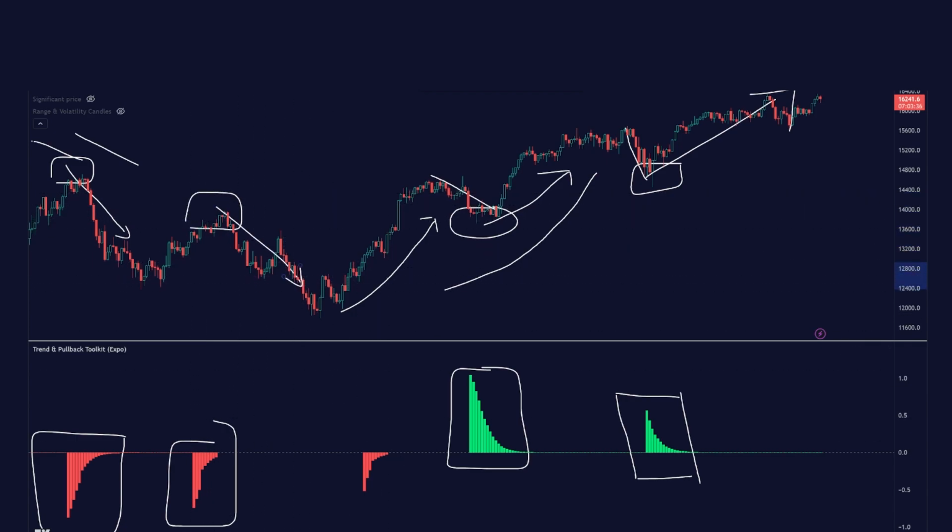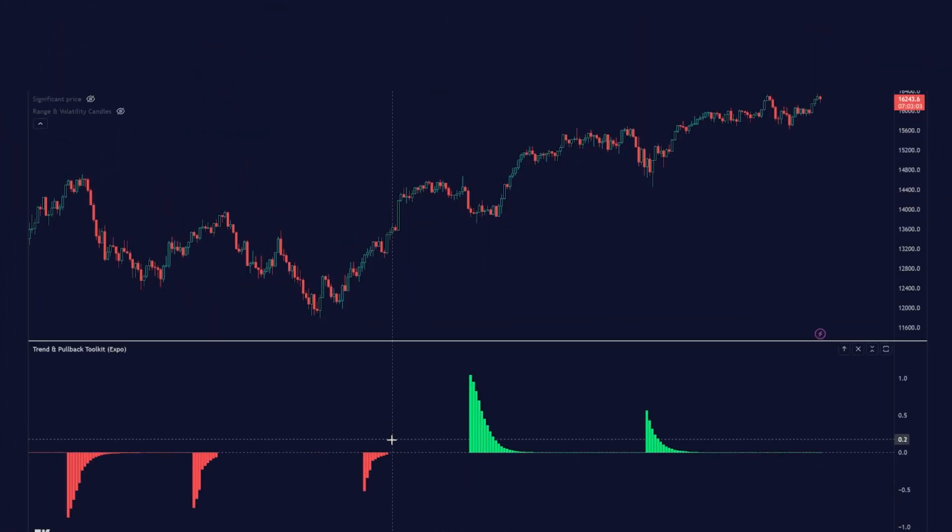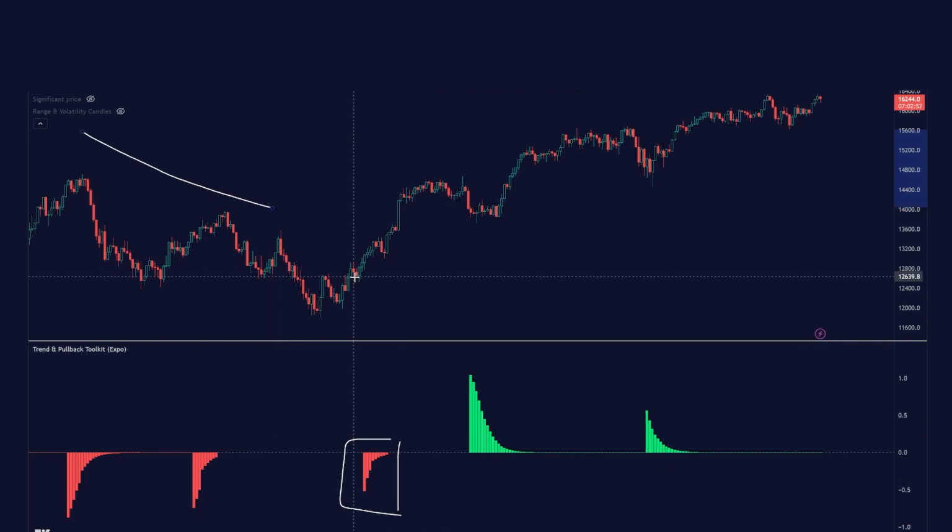That is how we should use this indicator. If we have a look at this histogram, it's a negative histogram indicating that the market previously has been negative, right? And this can be a sign of a pullback. So in this area, we expect this to happen, right? Because that is what we expect to happen after such a histogram.